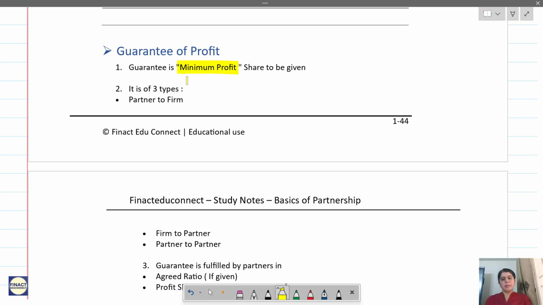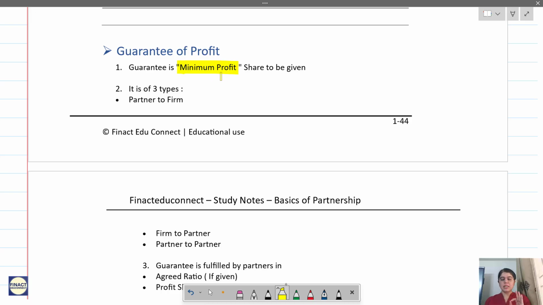If in a particular year that partner doesn't get that minimum profit, then that minimum profit will be given either by some other partner or the firm, depending on your terms and conditions.